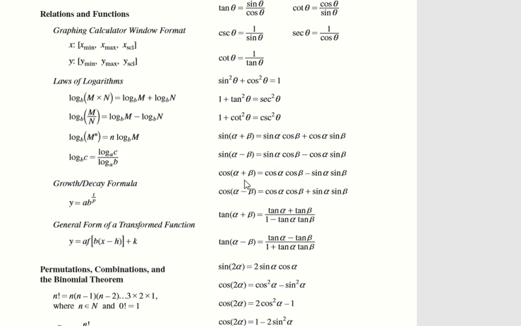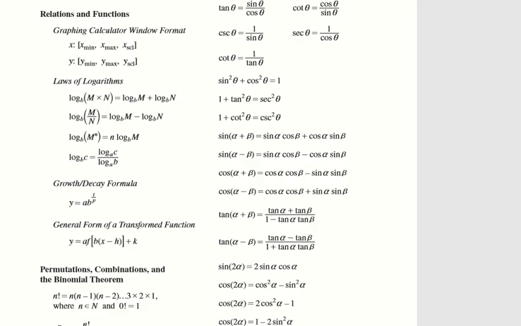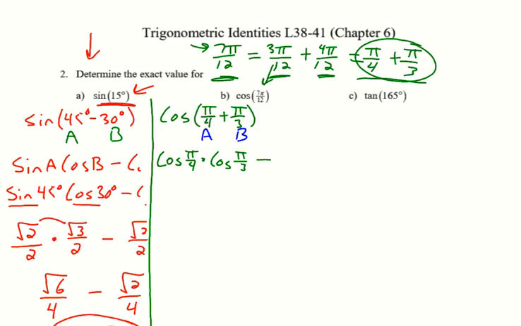So cos A cos B minus sine A sine B. So cos of pi over 4 times cos of pi over 3. And then was it plus or minus? Minus sine A sine B. So minus sine pi over 4 times sine pi over 3.